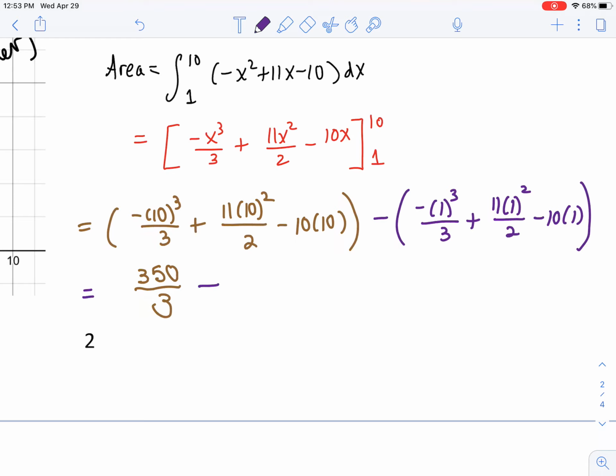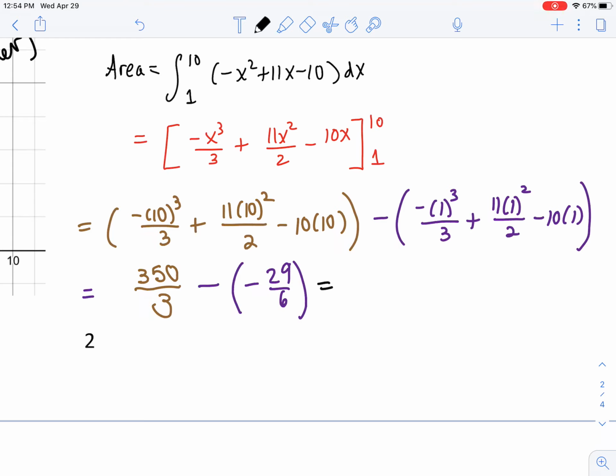I'll go and type in the second piece. For 3 plus 11 times 1 squared over 2 minus 10 times 1. And when I typed the second piece in, I got negative 29 over 6.